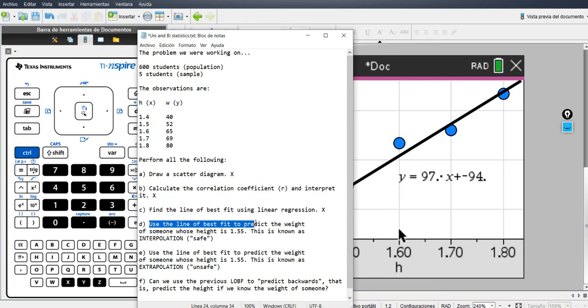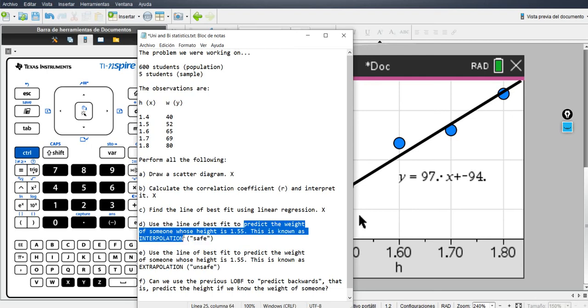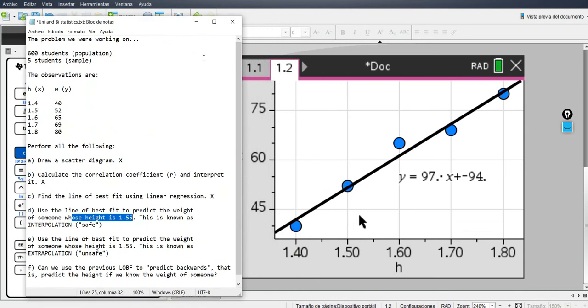Now, let's do D. Use the line of best fit, the one we previously obtained, to predict the weight of someone whose height is 1.55. This is known as interpolation. What is interpolation, guys? If you notice, we have a person whose height is 1.55 meters, which is about here, between 1.5 meters and 1.6 meters. And for that height, we don't have a data point.